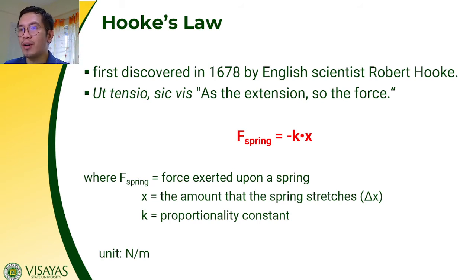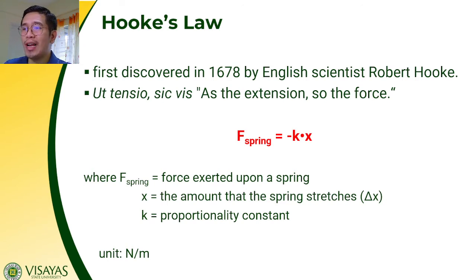The unit of spring constant is Newton per meter, because basically we know that the unit of force is Newton and the displacement x is in meter. So therefore, your k or spring constant is in Newton per meter.